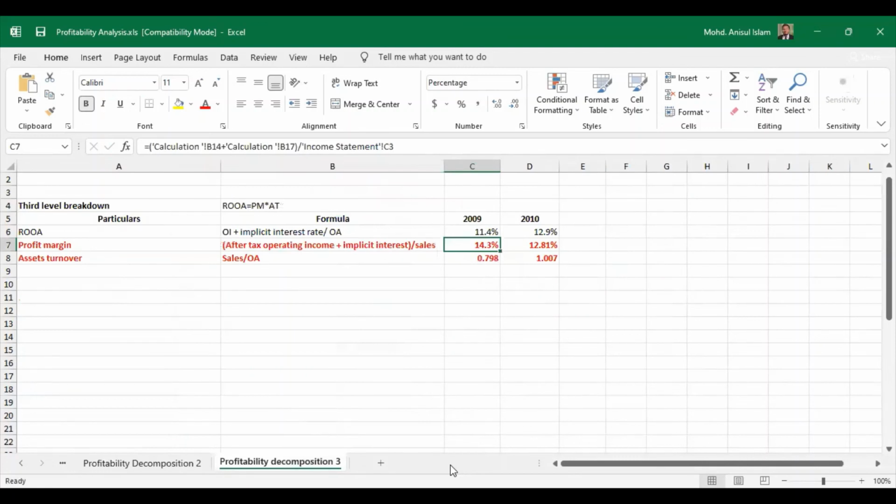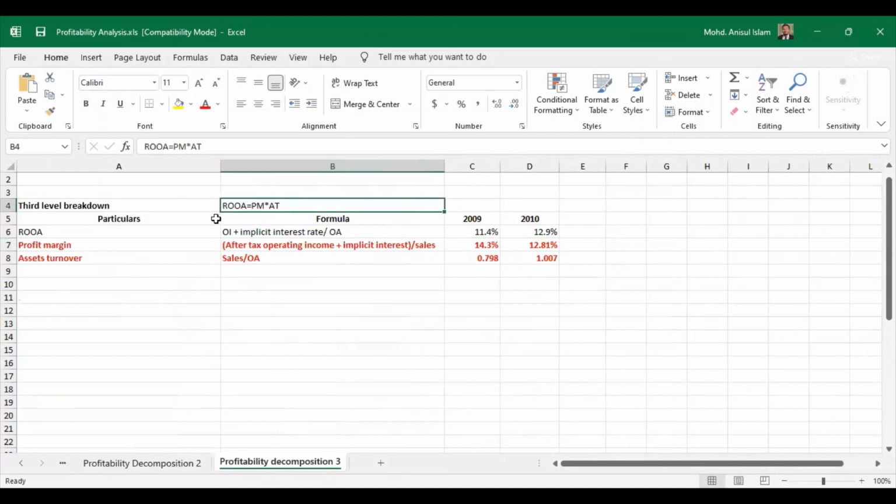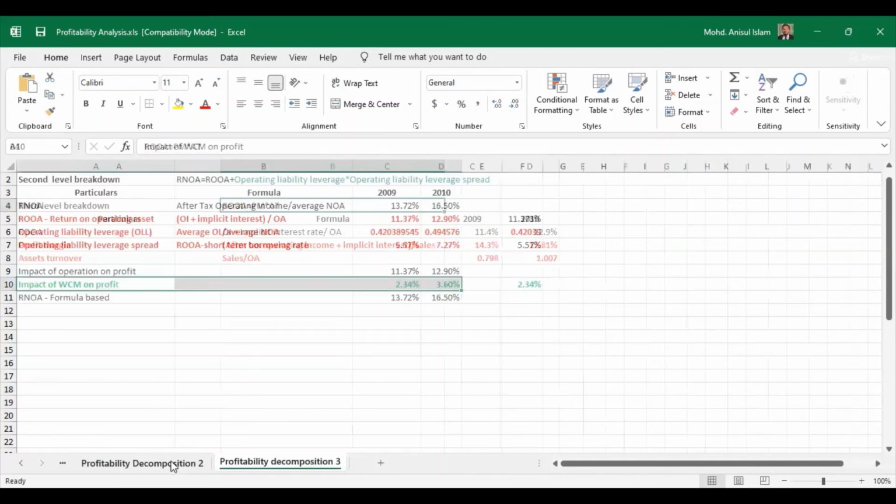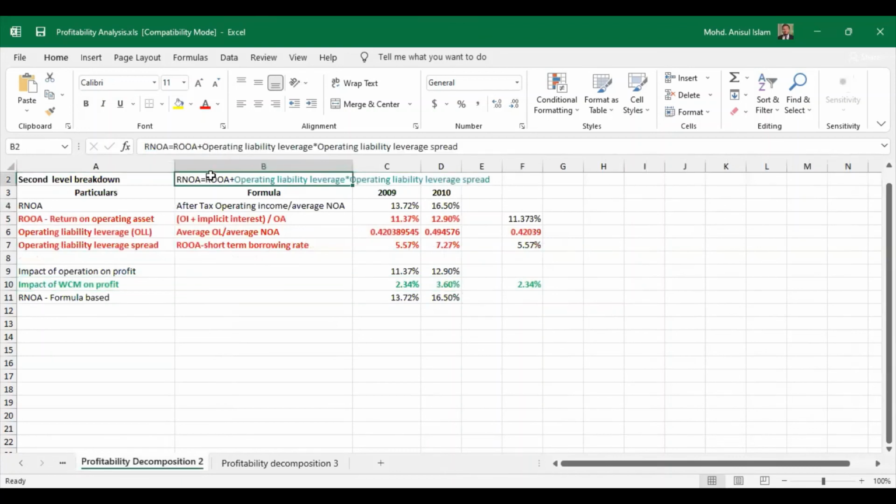Finally, let me show you what we'll be doing in the level 3 breakdown. We are interested to look in more detail at the components or the drivers of the return on operating asset. You see here the return on operating asset.